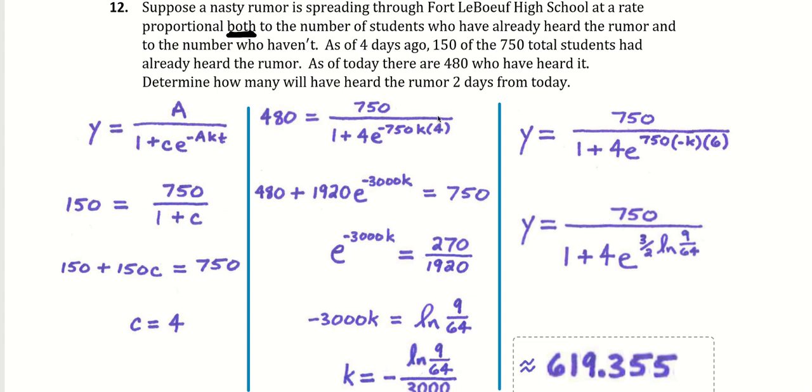But, so what? 2 days from today would now be day 6, or t equals 6. So again, this k value, negative and all, goes in for k, and it all just crunches together to get that.